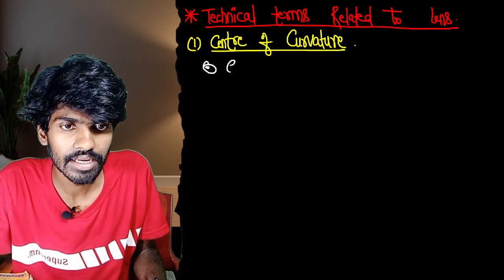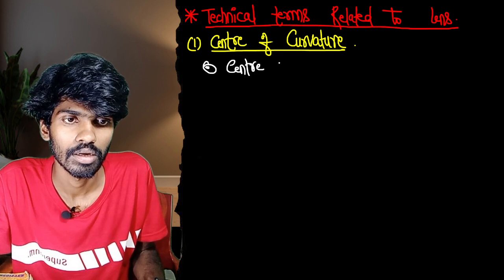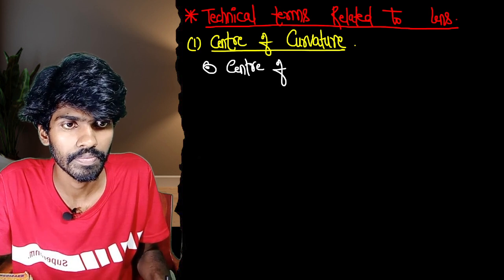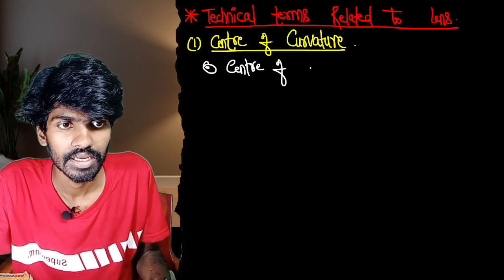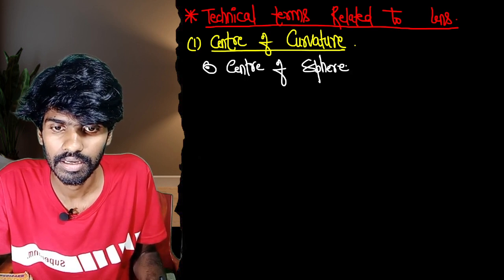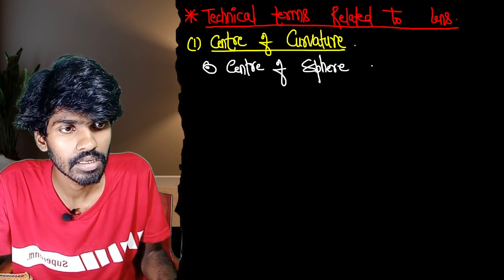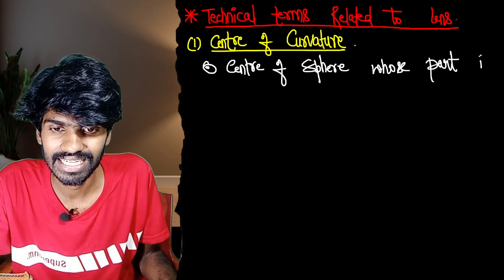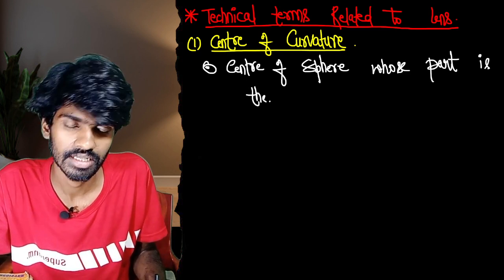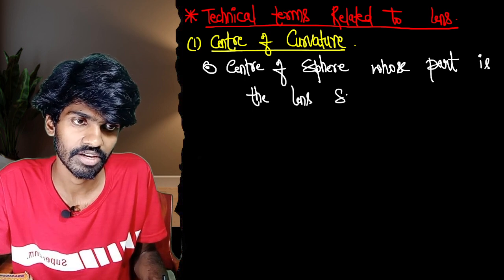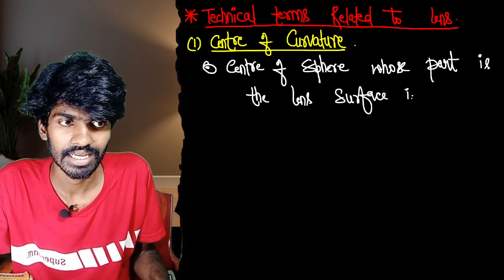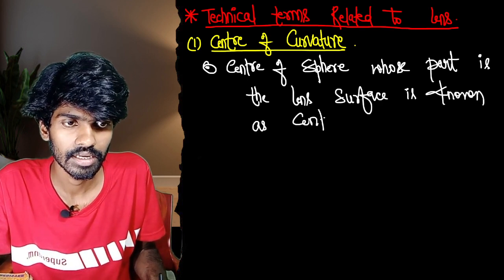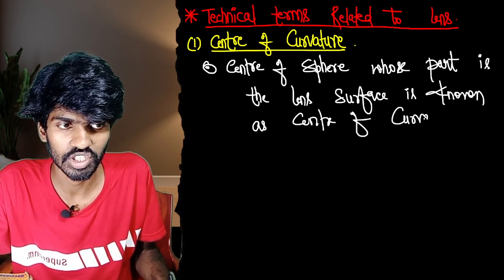You can write: center of the sphere whose part is the lens surface is known as center of curvature.